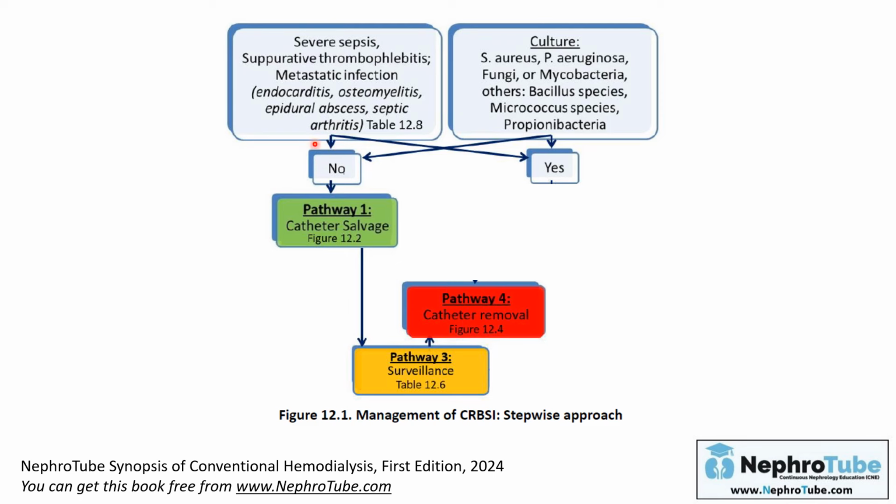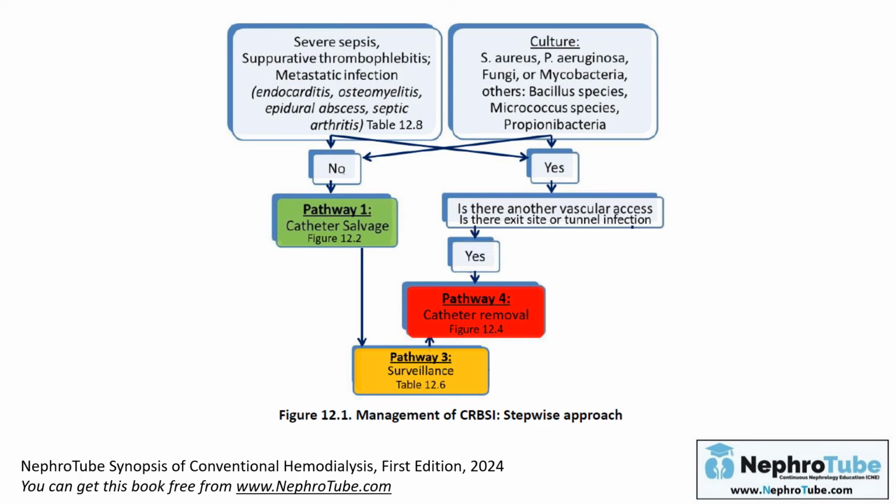From the start, if there is one of these complications or one of these organisms in the culture, you have to ask yourself: is there another vascular access for the patient? Is there exit site or tunnel infection? If there is no other vascular access, or if there is exit site or tunnel infection, you have to remove the catheter.